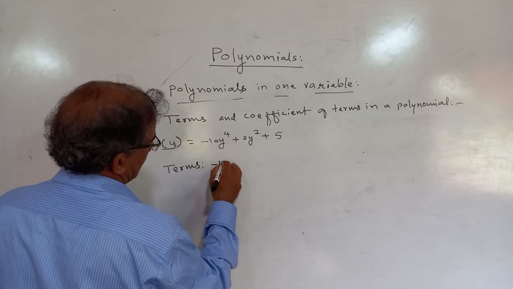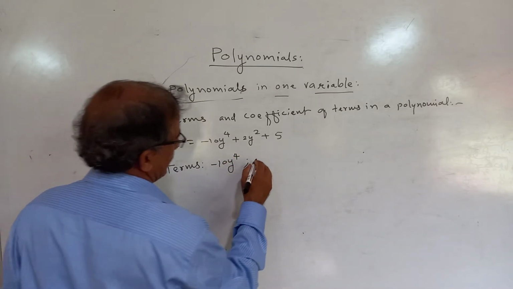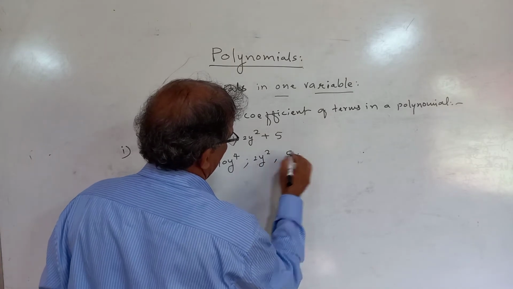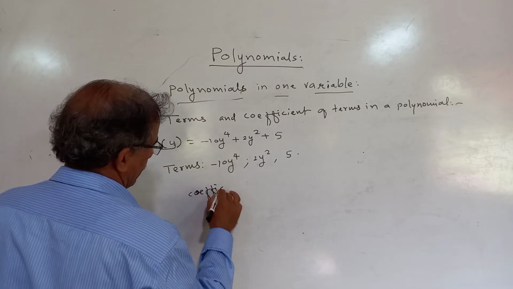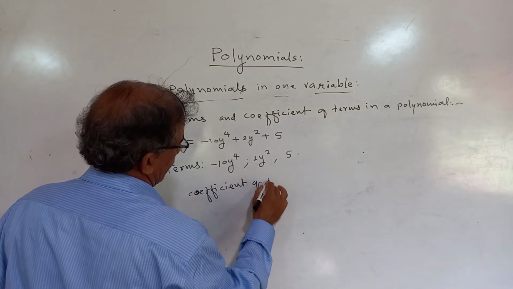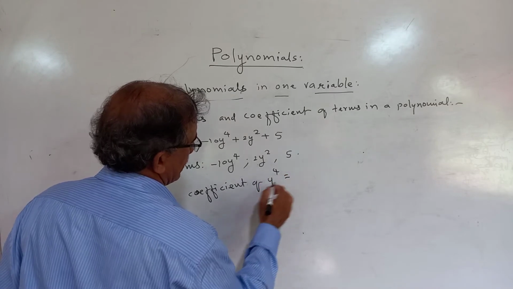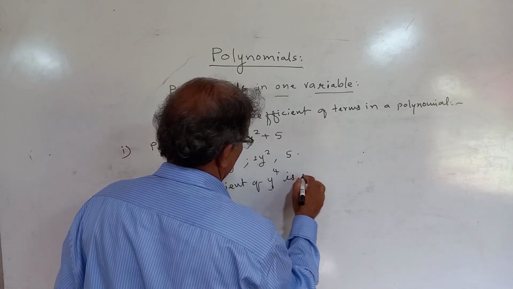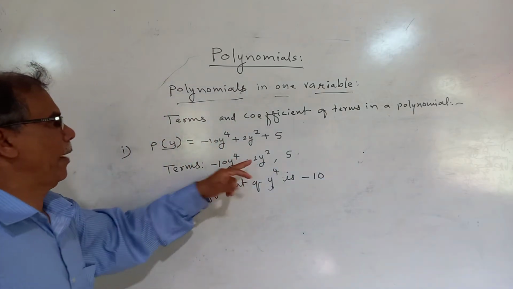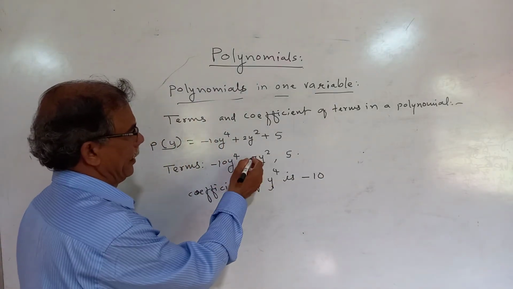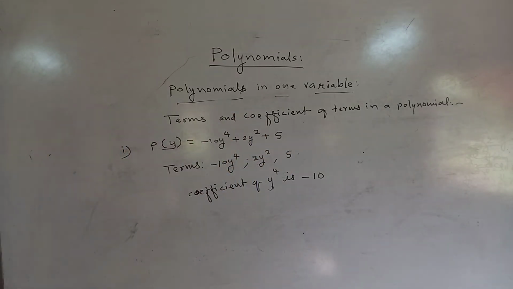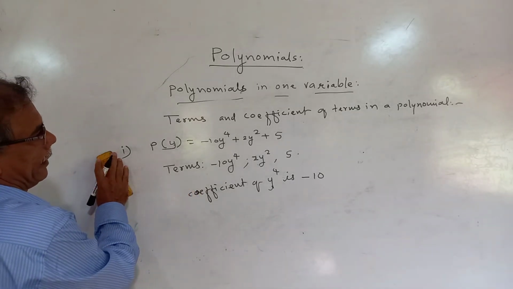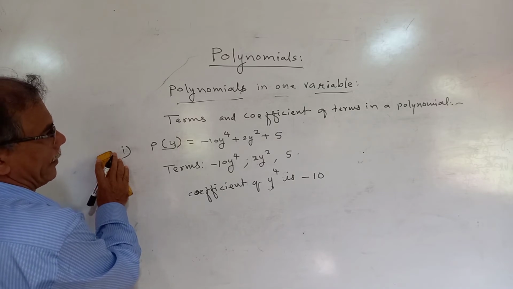The terms: one is minus 10y raised to 4, second is 2y squared, and third is 5. And the coefficient of y raised to 4 is how much? Minus 10. Coefficient of y squared, how much? 2. And the constant, or coefficient of y raised to 0, is 5. Okay? This is related to terms and the coefficient of the term.